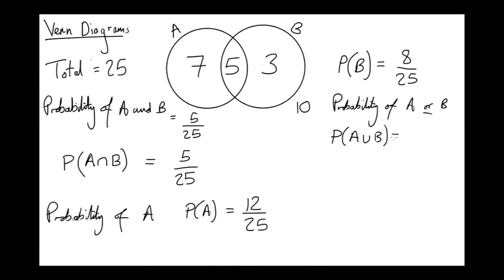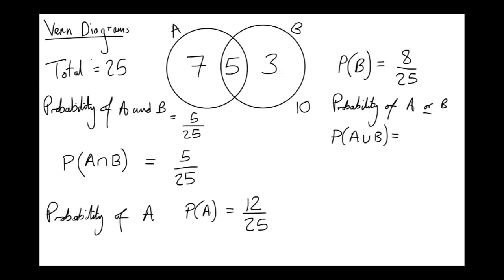It's like an upside down N. And this means A union B, which basically means it can be anything in here. So the probability of it being A or B is going to be 7 plus 5 plus 3, so anything inside this circle.